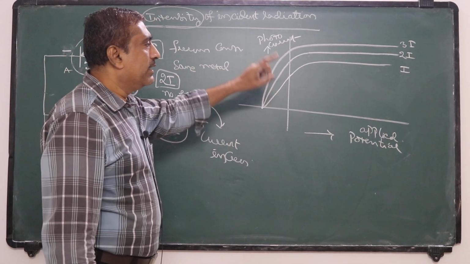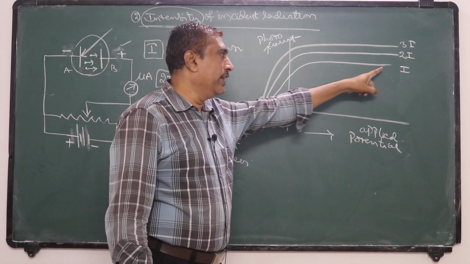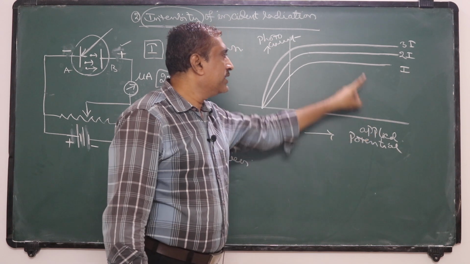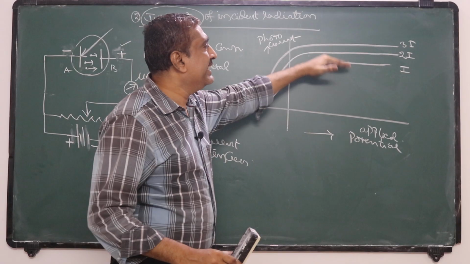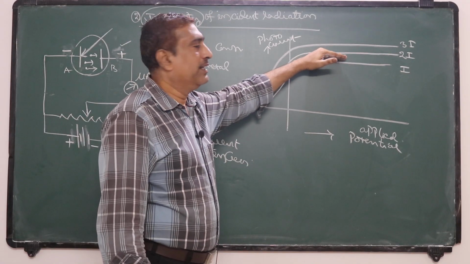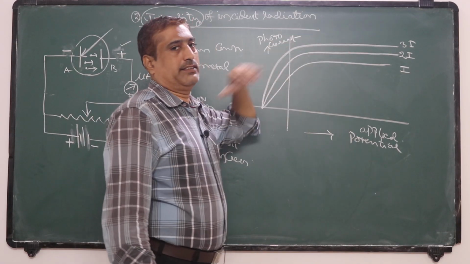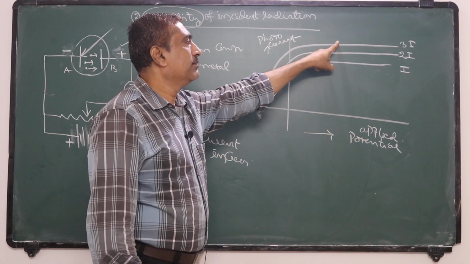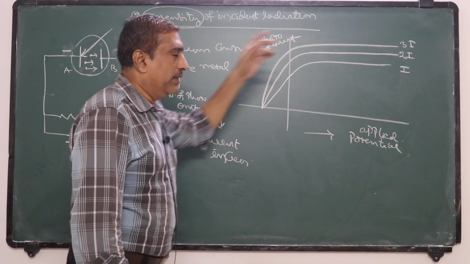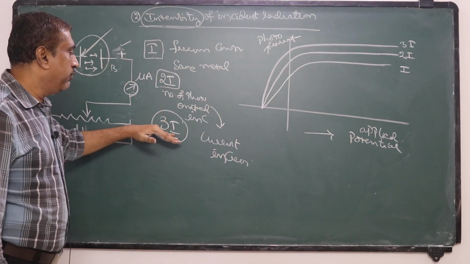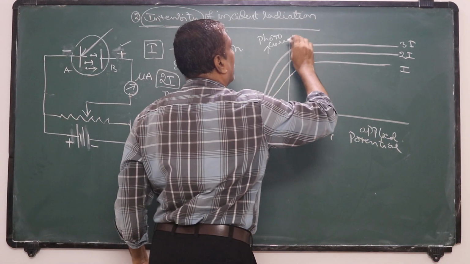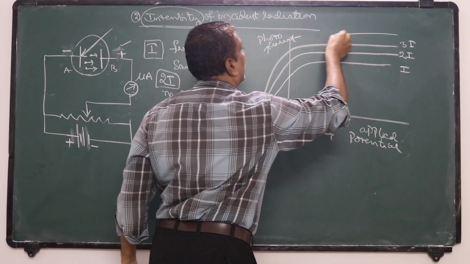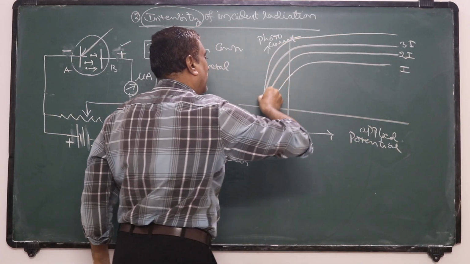That means the behavior of the variation of applied potential and current is the same, but if we increase the intensity of incident light, the strength of the current increases like this. If the intensity of light is made 4I, then the current increases and we get another curve like this.